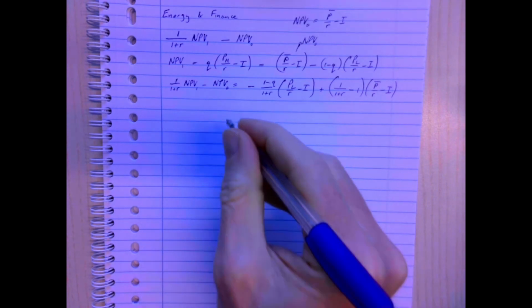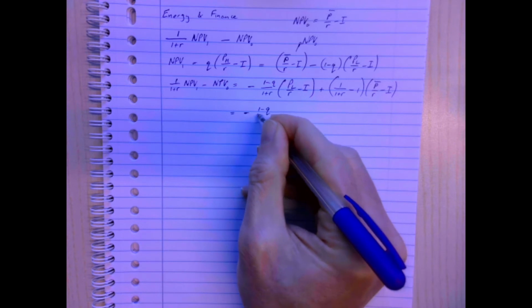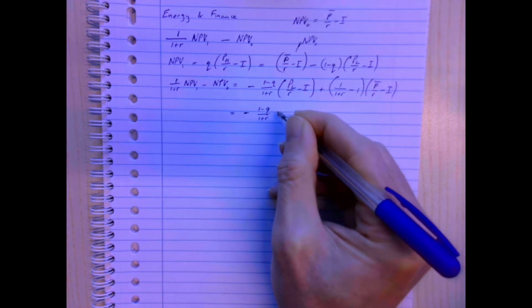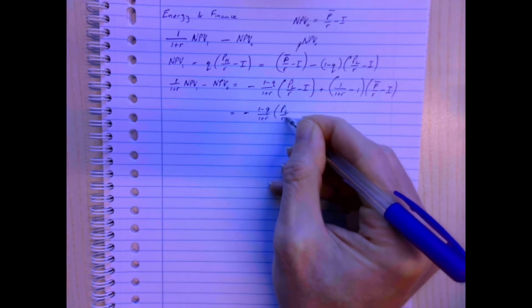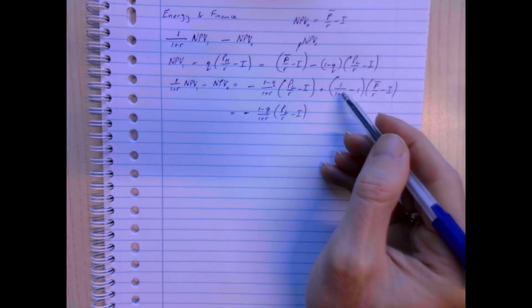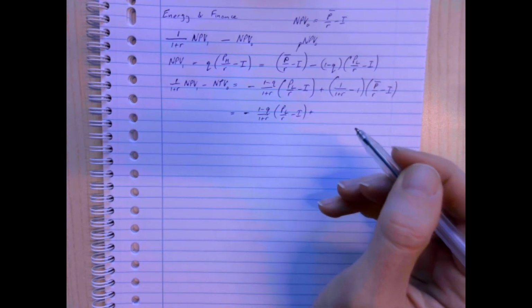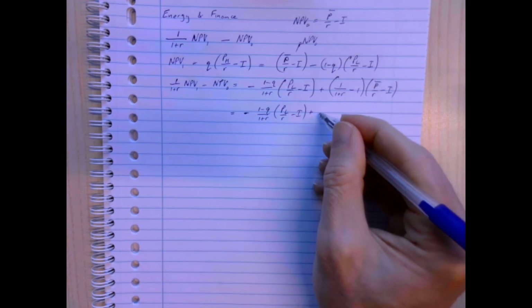Okay, so let's rewrite that a bit. This first part is already what we need. Let me copy that. Now what's 1 divided by 1 plus R minus 1? Well, we have to do a subtraction of fractions. I'm sure you can do that.